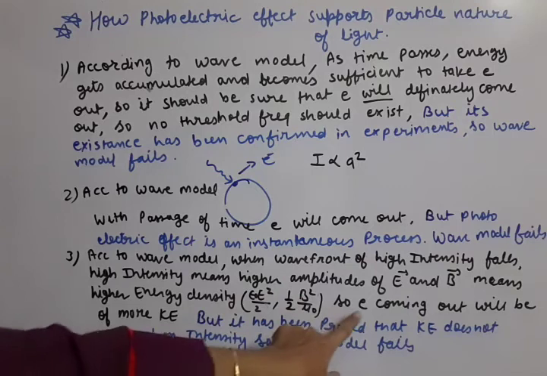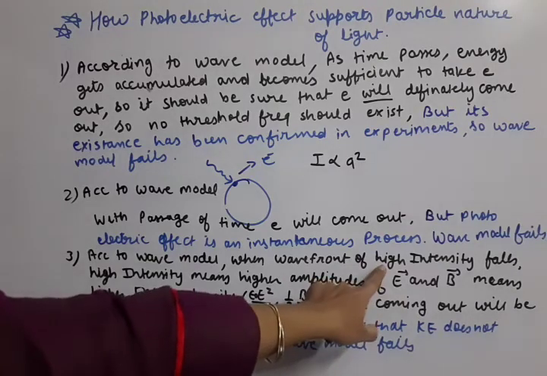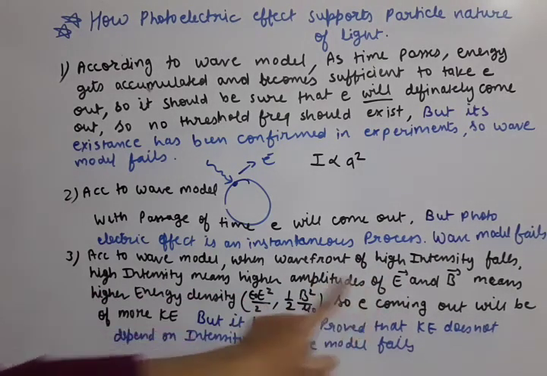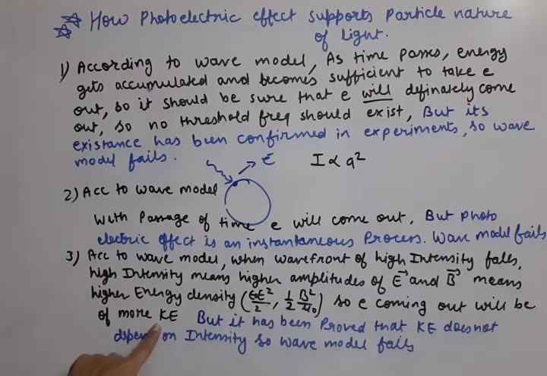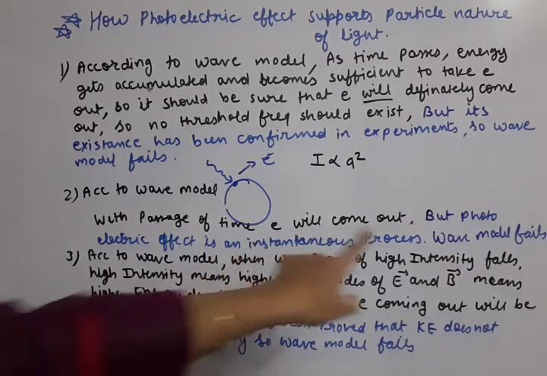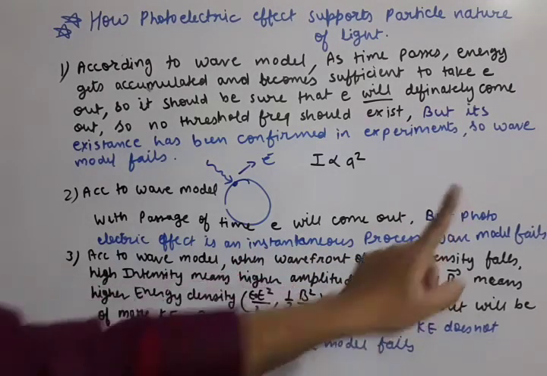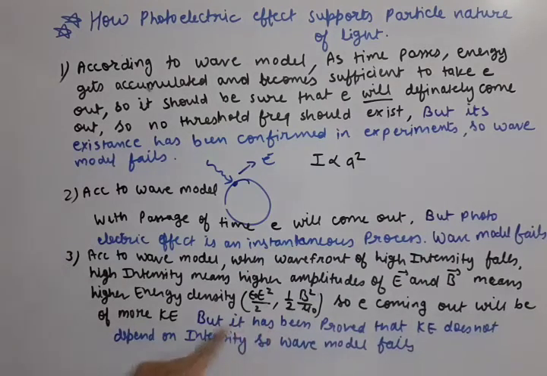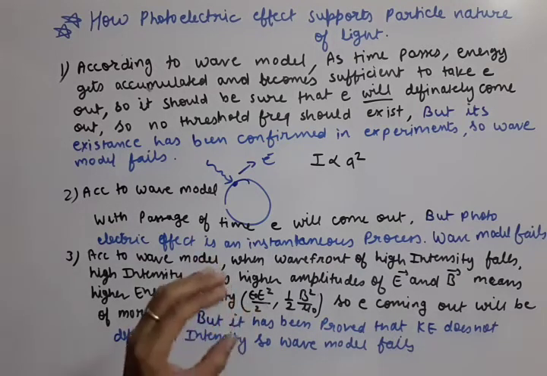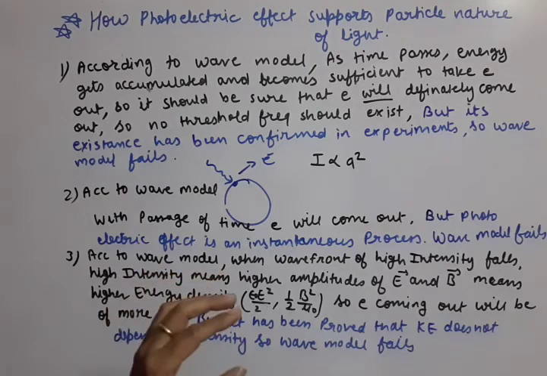So this means that if high intensity light is falling, the electrons which are coming out will have more kinetic energy, because they have got high energy density. So kinetic energy should depend on intensity. But it has been proved that kinetic energy does not depend on intensity. So here also the wave model fails. The third point is based on kinetic energy dependence.